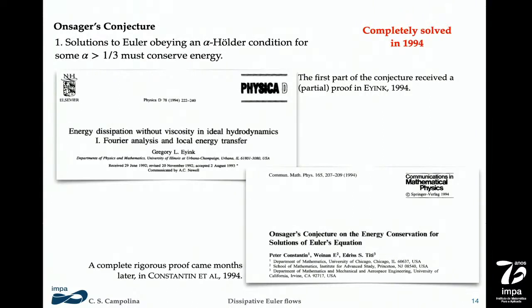So this part of the conjecture was proved pretty fast, at least the two steps are separated only by months, even though 1994 is far from the 1949 paper by Onsager.